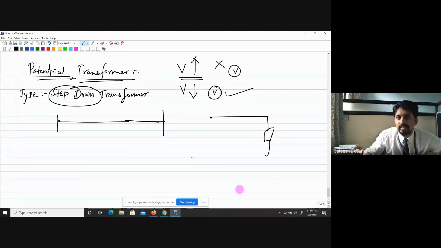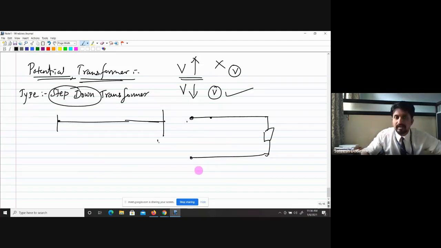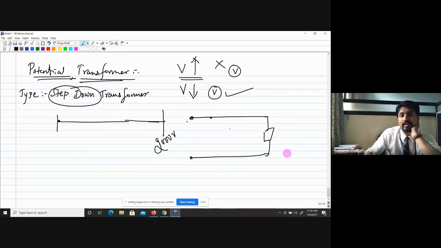In this case, if you want to measure the voltage, and it is in terms of 1000 volt, or more than 1000 volt, 2000 volt, and whatever voltage is appearing in between we do not know, then how to measure?